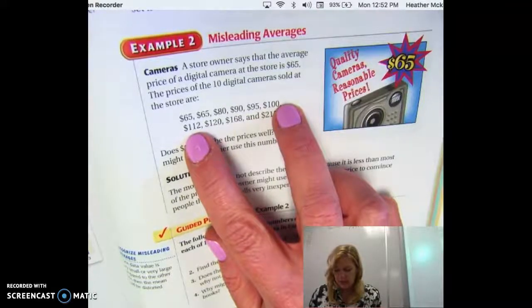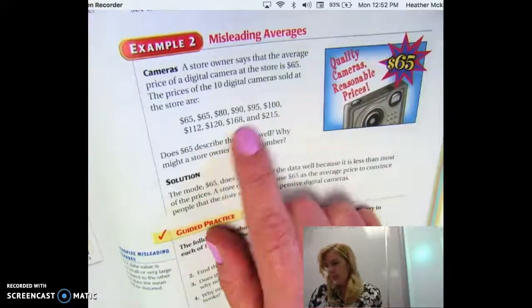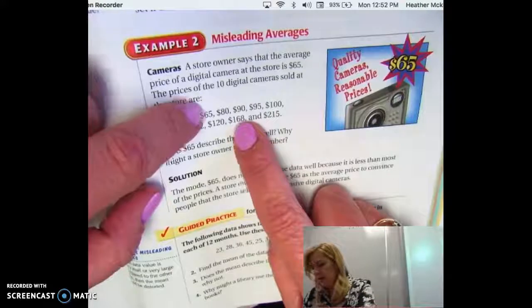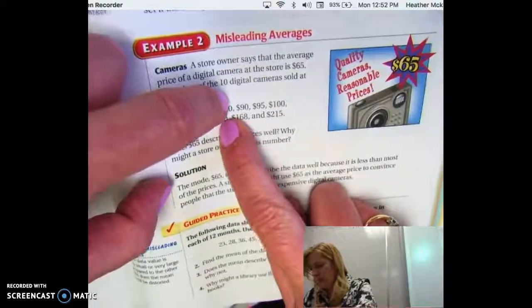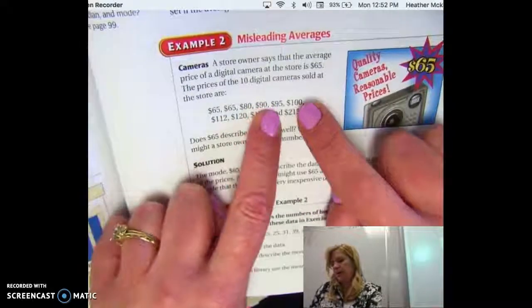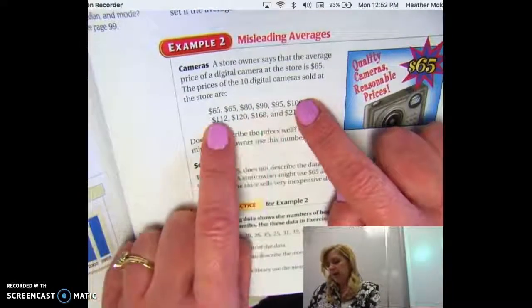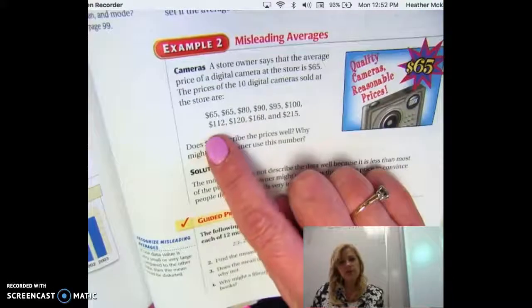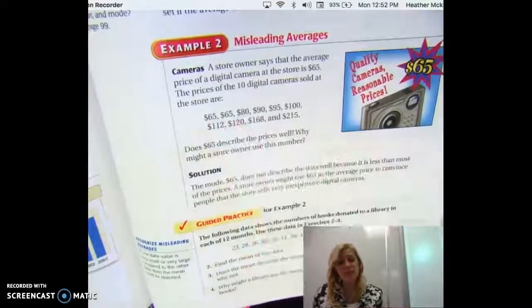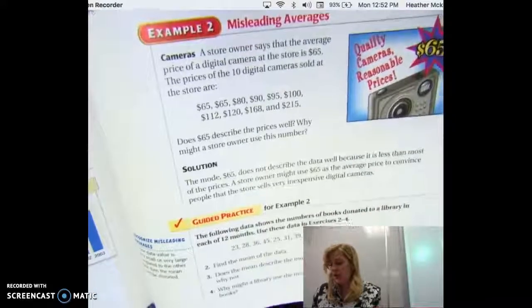The median will be somewhere between 95 and 100. So if we go boom, boom, boom, boom, boom. So it'll be about 97.50 is the median, and then the average is 111. Those two together show me it's way off of 65. That is a misleading average.